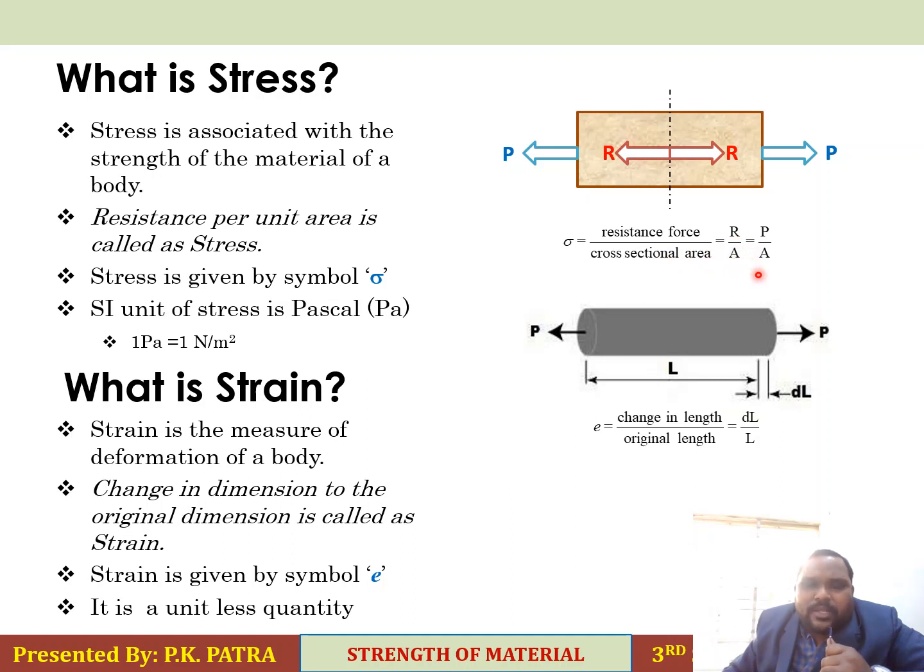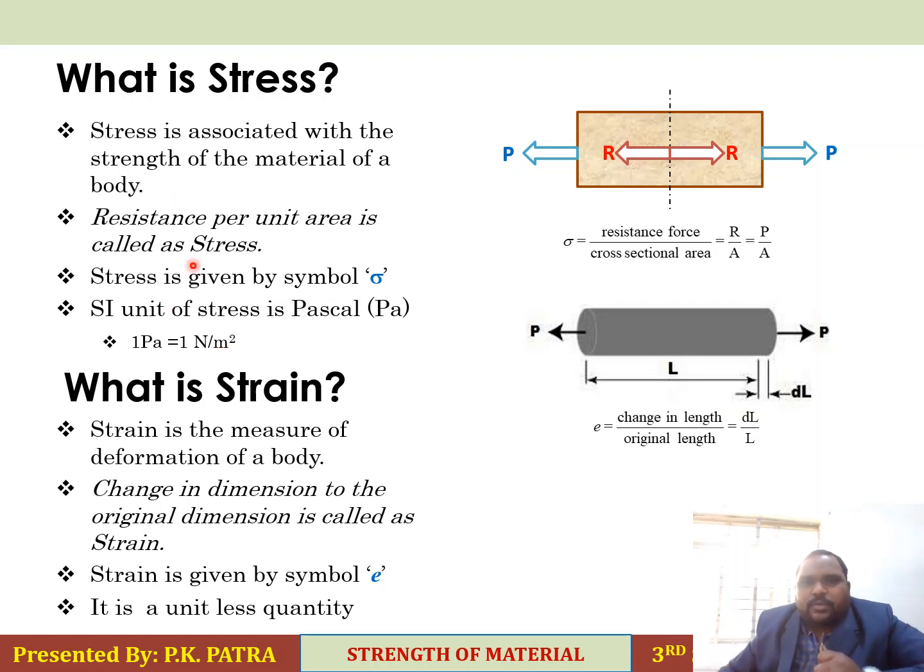And for static equilibrium, we consider these forces are balanced to each other, so R is equal to P, so stress will be given as P by A. The unit of the stress is Pascal, 1 Newton per meter square.